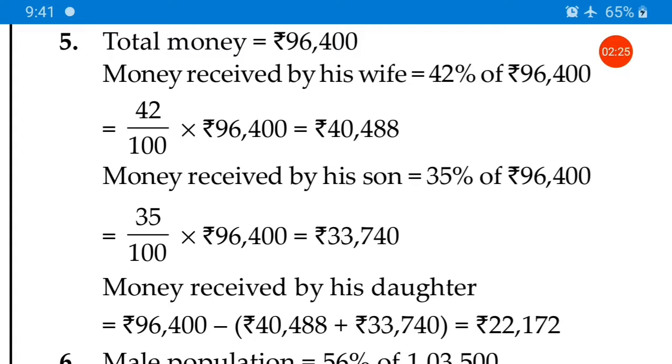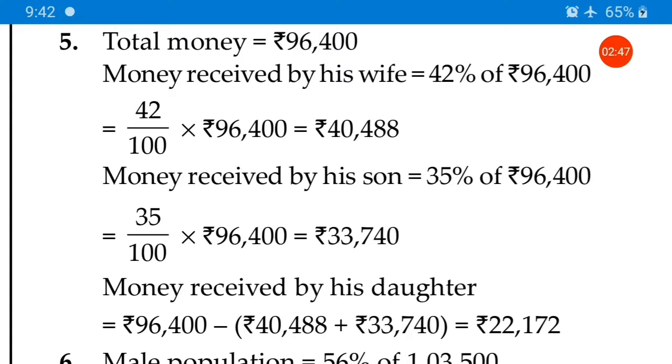Money received by his son, 35%, the method is the same, of 96,400. So 35% into 96,400, 35 upon 100 multiplied by 96,400, you will get 33,740.